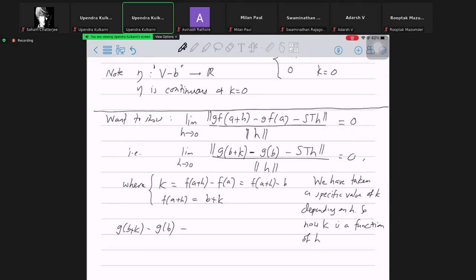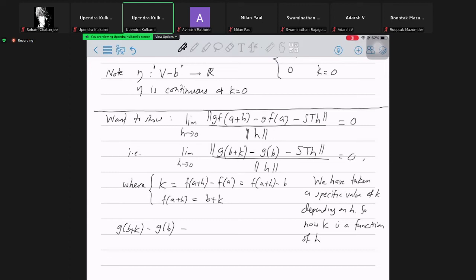Just give me a moment. Yes, so as H goes to 0, K goes to 0, because I know that F itself is continuous.